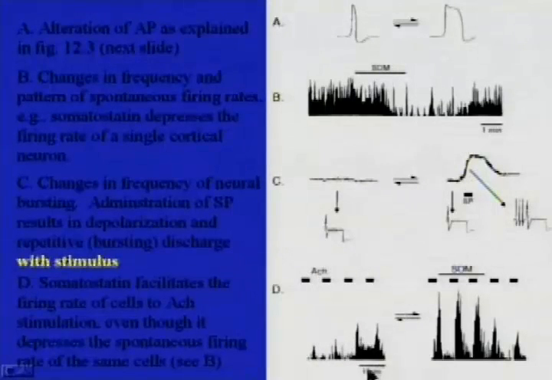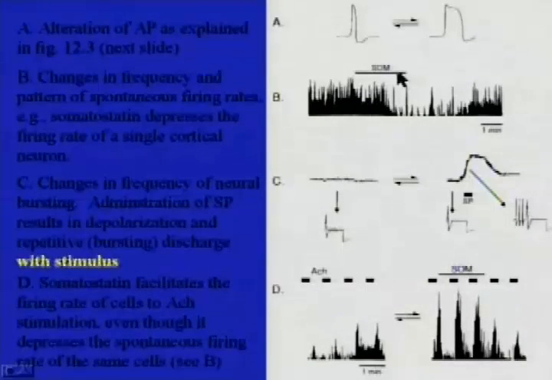Again, this is a 1-minute bin looking at the firing rate in response to the acetylcholine causing an increased firing rate. So each time acetylcholine is added, there's a corresponding increase in the firing rate of the targeted neuron. When somatostatin is added, the firing rate is enhanced.